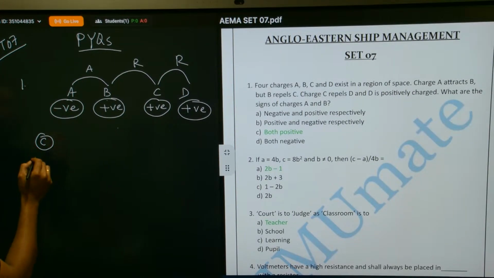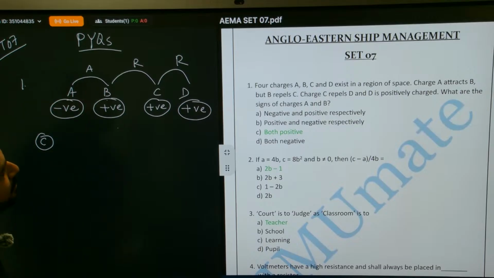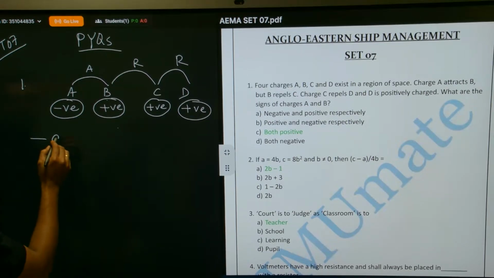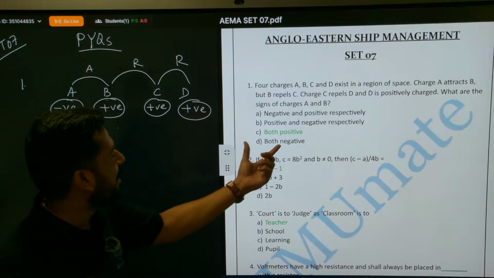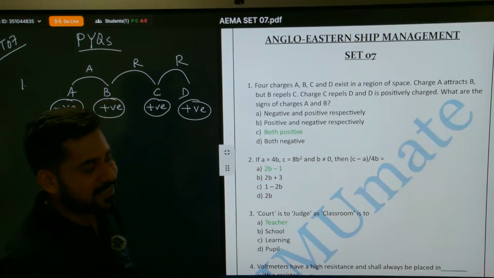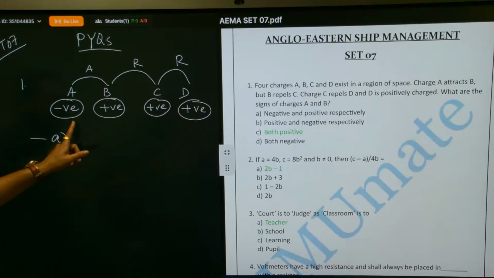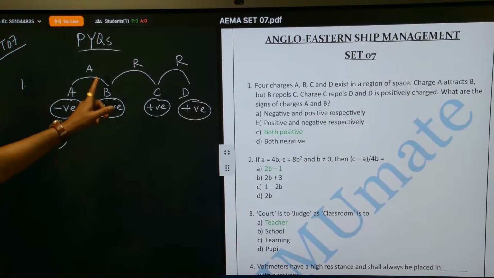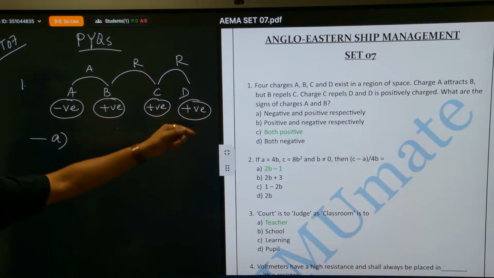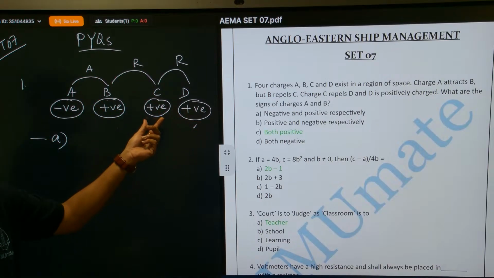Option C, both positive. What are the signs of charge A and B? Option B. Option A. See, this is the trap you get. The highlighted one. Have you got this? A attracts B. B repels C. C also repels D. B positive means C repulsion means positive.